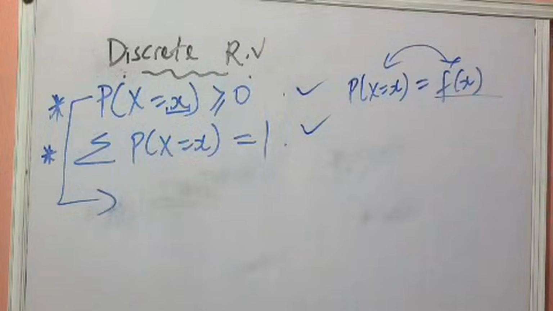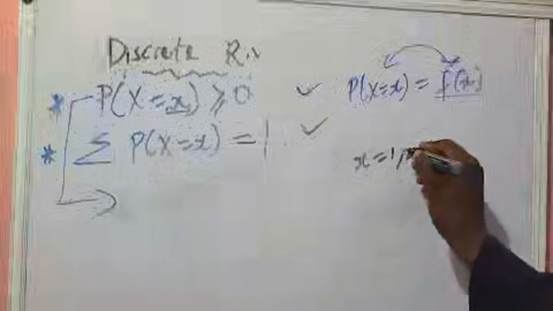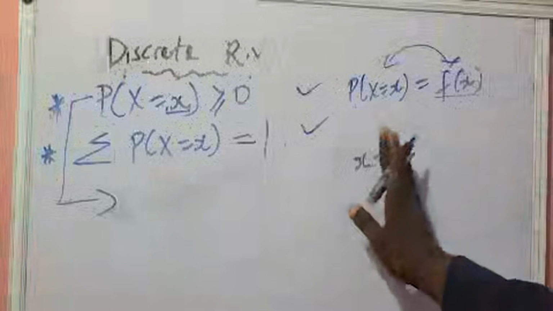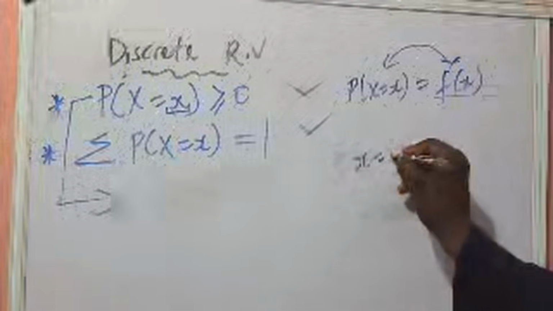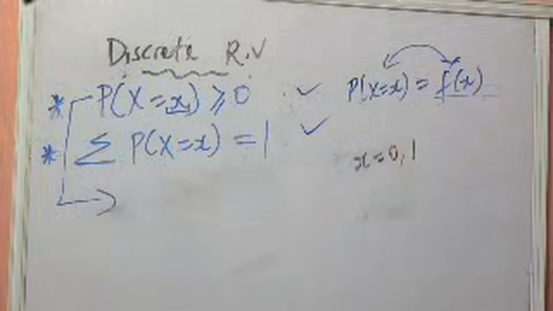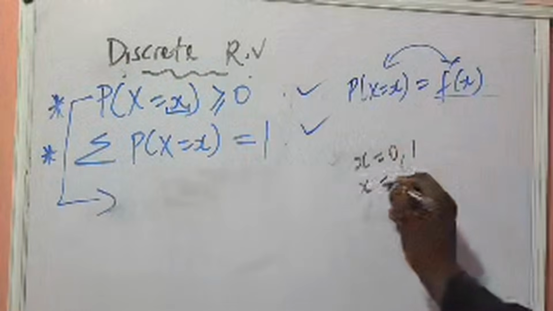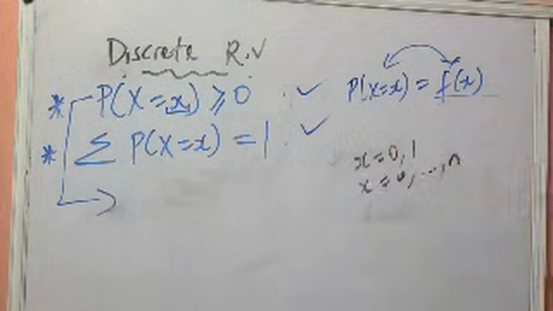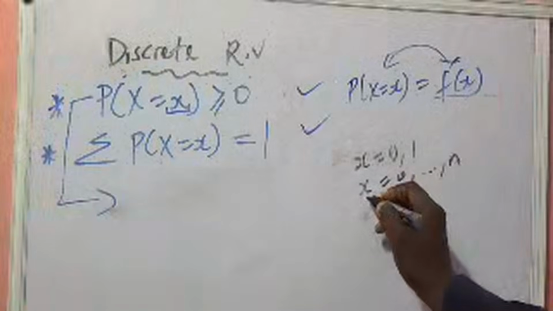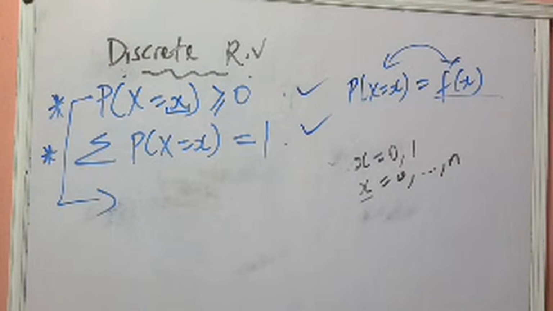For instance, when you're dealing with a Poisson distribution, your x values may start from 1, 2, and so on. When dealing with a Bernoulli, you will have 0 and 1. When dealing with binomial, you will have 0 up until n, and so on and so forth. We have different distributions, and your x values will differ depending on your random experiment, depending on whatever you're dealing with. Your x values here will differ.